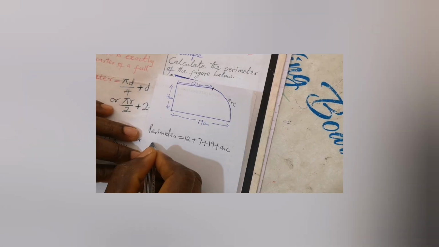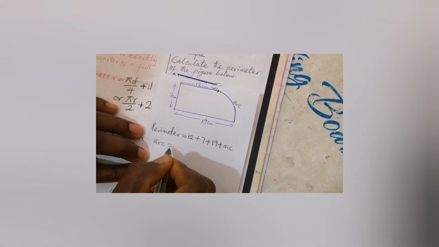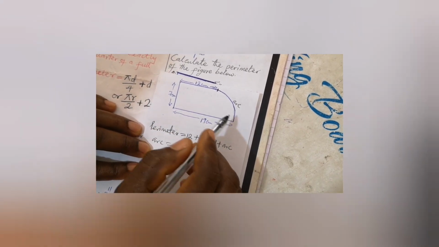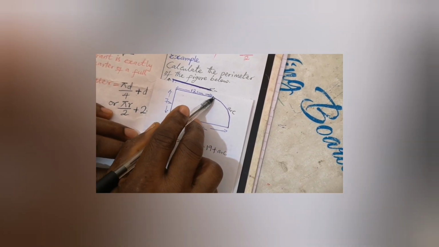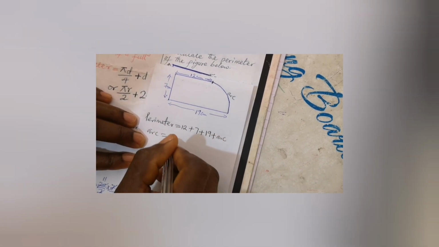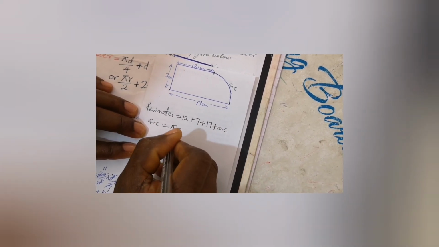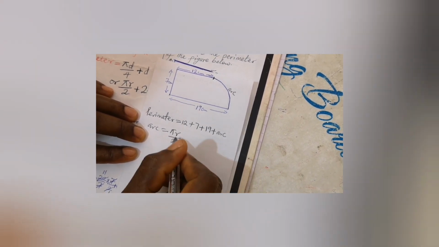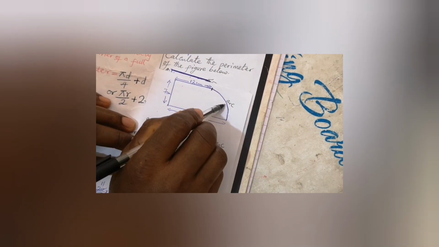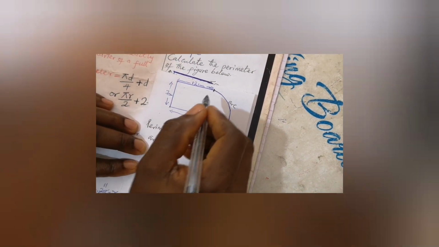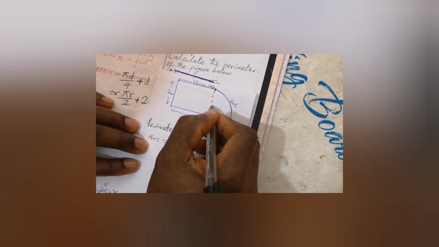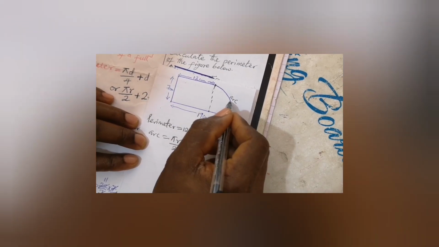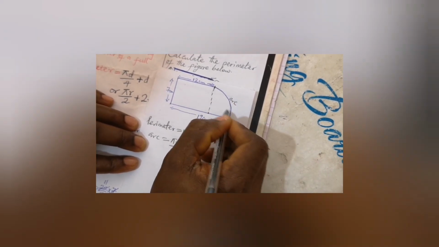I will now ask myself, but what is the value of the arc? Since this arc is the arc of a quadrant, the formula for calculating the length of the arc of a quadrant is pi r all over 2. Now how do I get my r? Since this is the arc of a quadrant, if I trace this line down to this place, this line becomes the radius of this very arc.